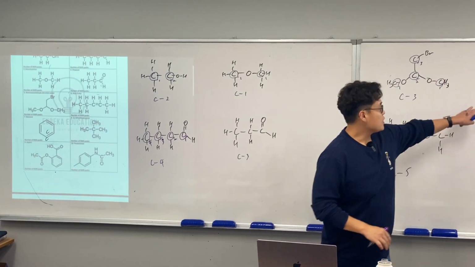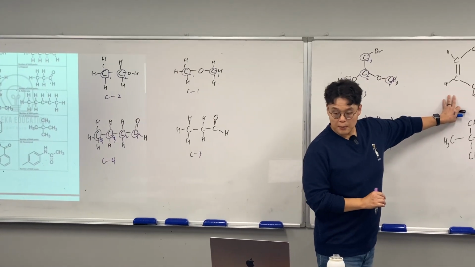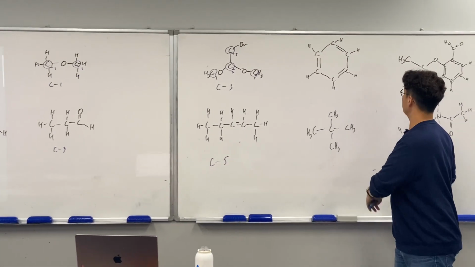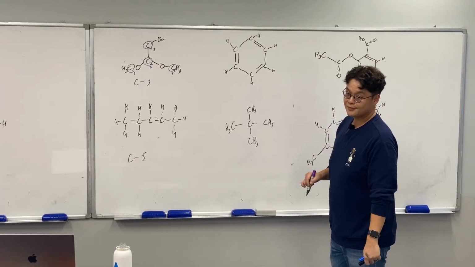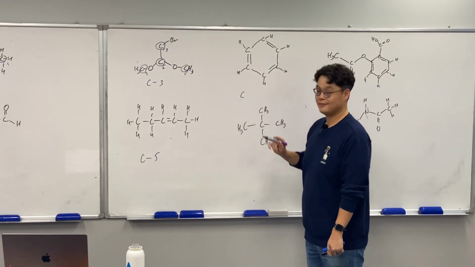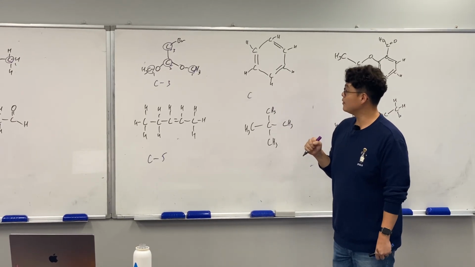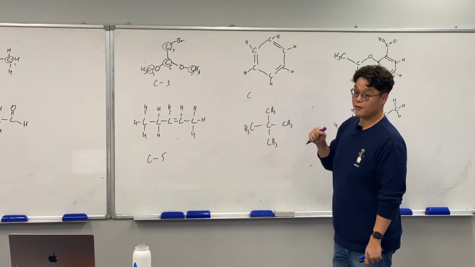Ashley, what about this? This is called a benzene ring. How many carbon environments? 2. What are the 2? Should we describe it? Okay.